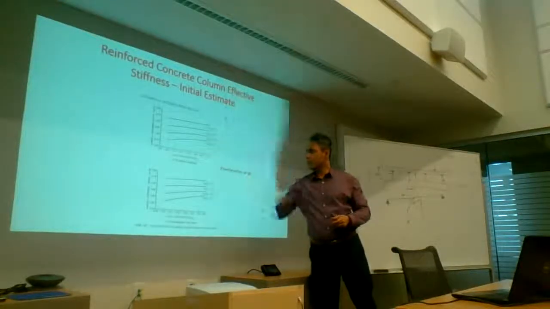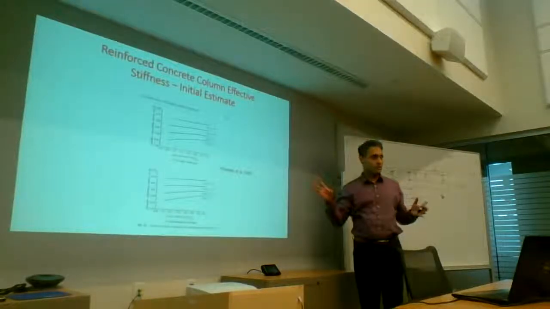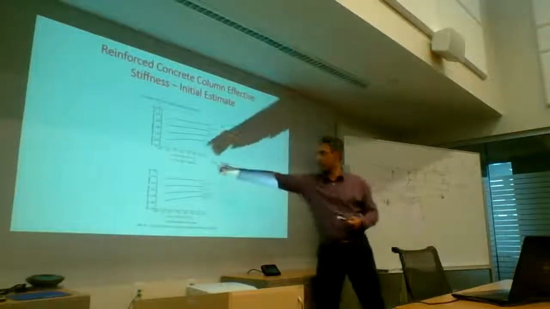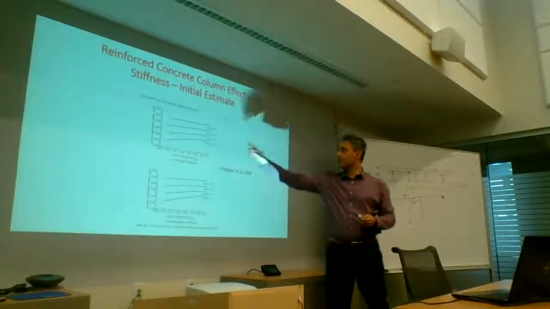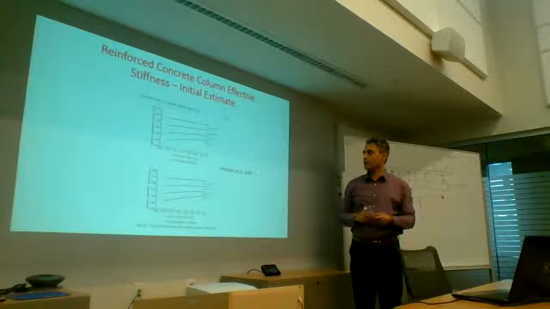You know what your P is, your axial load, over f'c Ag, that's the axial load ratio. So you divide by f'c multiplied by Ag. That's all in the denominator here. And you see how much rebar you're going to put in it. So maybe for non-seismic reasons, you're going to put 1% rebar.